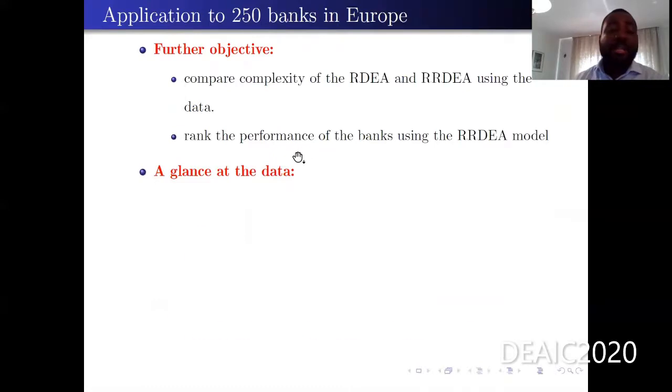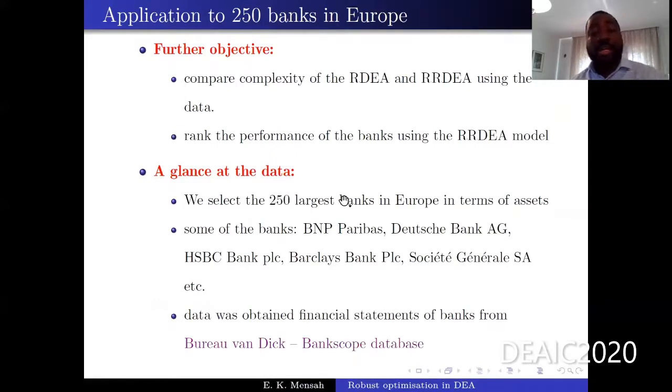Now, a quick glance at the data, we select the 250 largest banks in Europe in terms of assets, and this includes banks such as the BNP Paribas, the Deutsche Bank, and HSBC Bank, and etc. Now, the data is obtained from the Bankscope database.